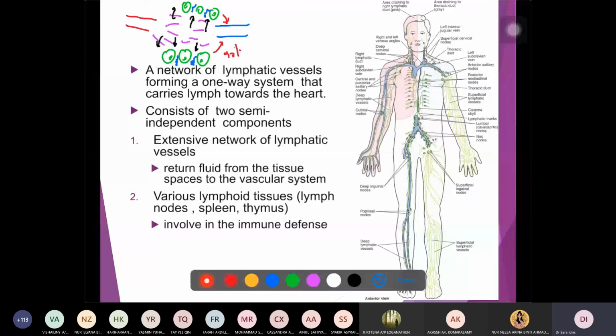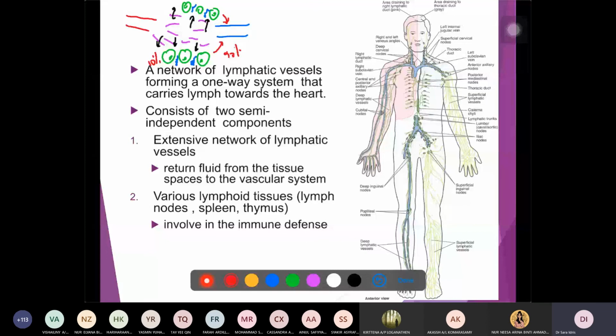Another 10% of the fluid will be left in your interstitial space. This excess fluid has to go back into the systemic vessels, because if not, you will have what is known as edema. If your interstitial space becomes too filled with fluid, you can have edema. That's not what you need in your body. You need a homeostatic system to keep everything in its place.